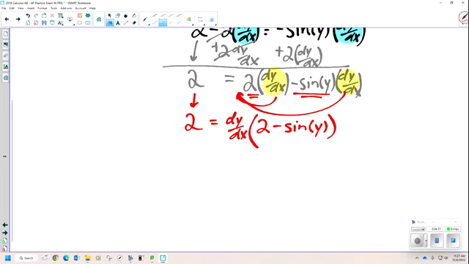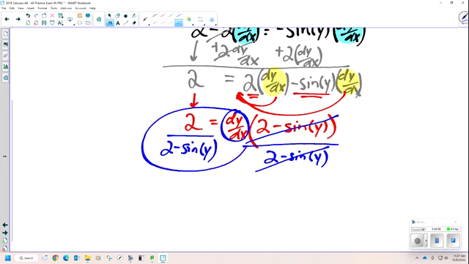Now, the only thing remaining to get this dy/dx alone is I'm going to divide both sides by 2 minus the sine of y. This goes bye-bye. What I do to one side, I have to do to the other. Okay, and that's it. dy/dx is 2 over 2 minus the sine of y.